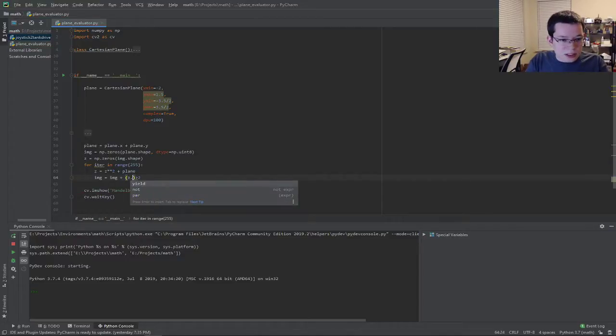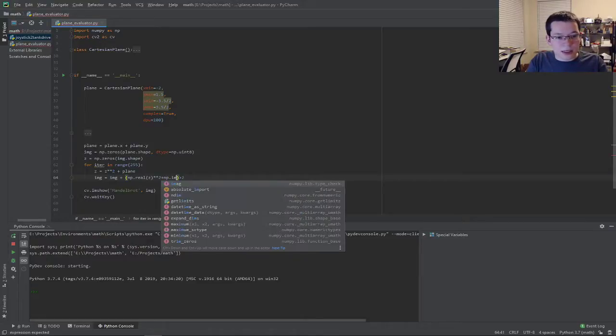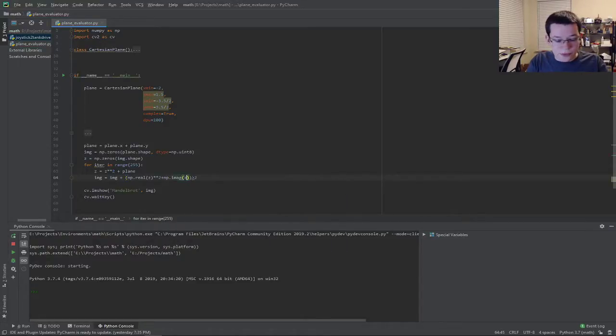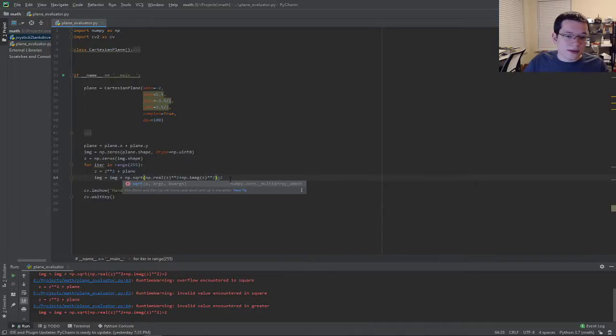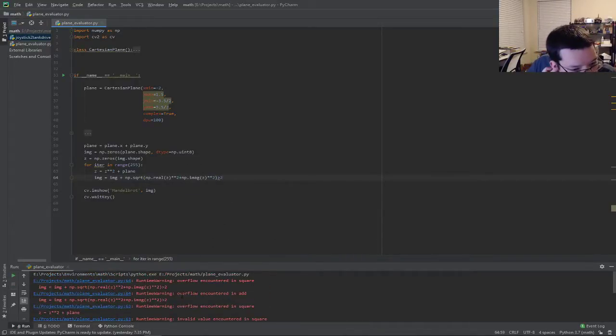Okay, np.real of Z squared plus np.imag of Z squared, and we're going to square root that. And if that is greater than, why are you complaining?